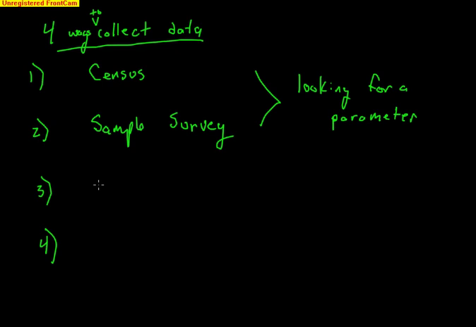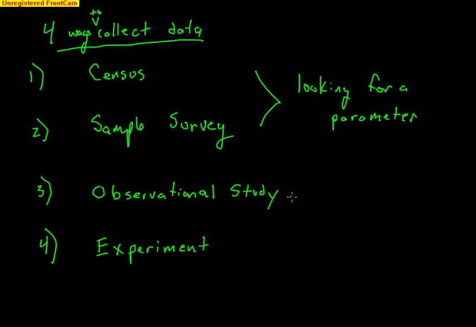The other 2 are observational study, and the 4th one is an experiment. And the idea is these two are connected because both of these are trying to estimate differences, or estimate a difference between 2 groups.